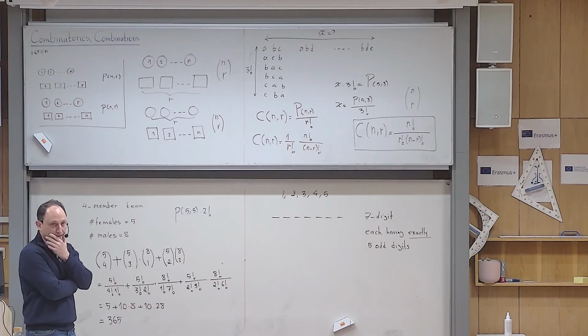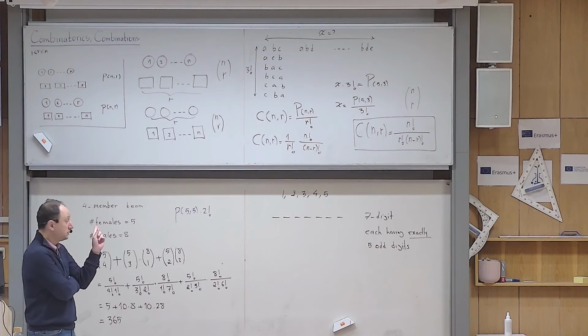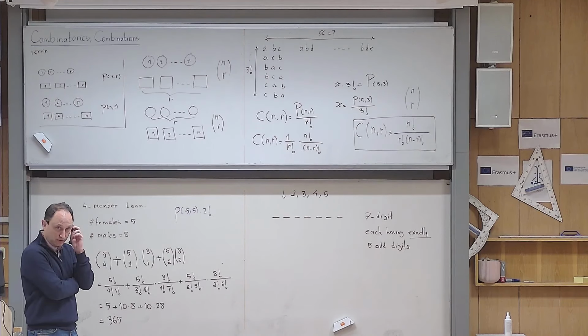I thought we need to choose 5 of the odd numbers. We have 3 of them. No, this model works if the repetition is not there.